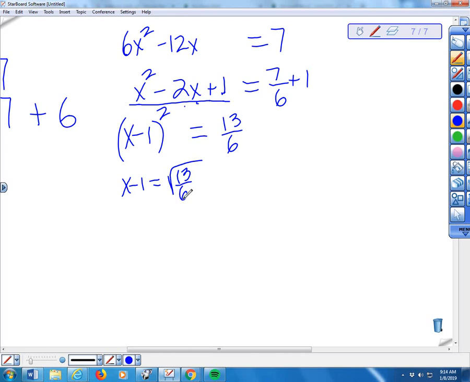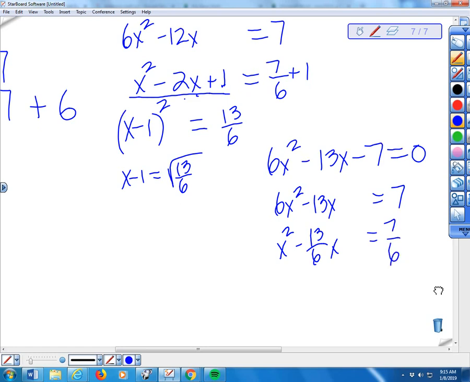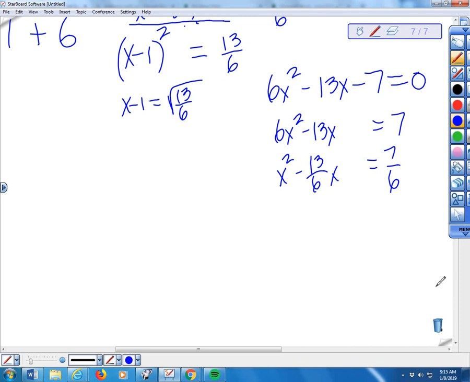Where this one can get a little more complicated is if I had, let's say, instead of 12x, 13x. If I add 7, factor, divide everything by 6. Now to find that constant, I have to divide this fraction by 2 and square the fraction.